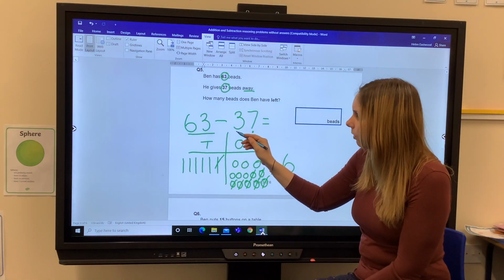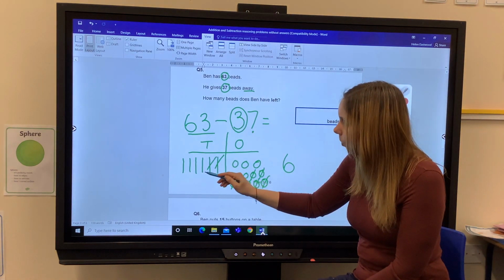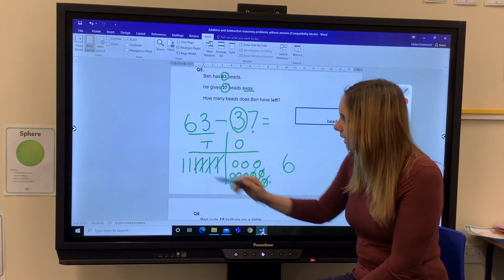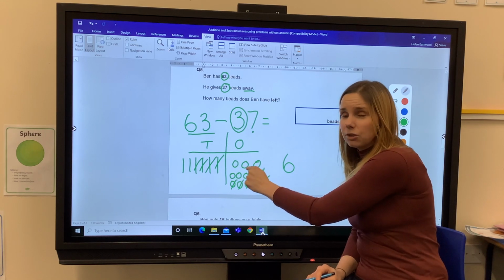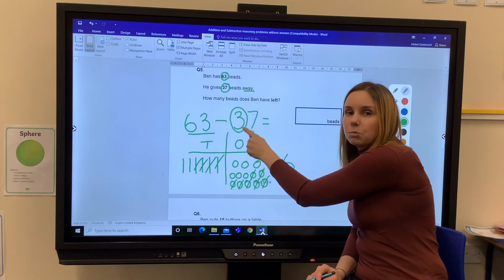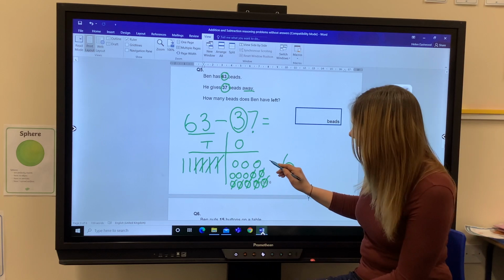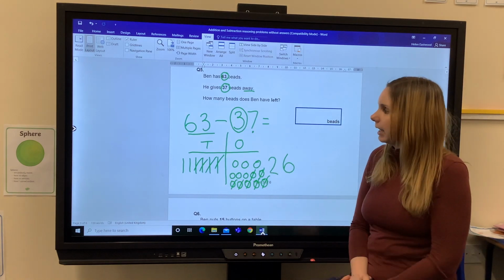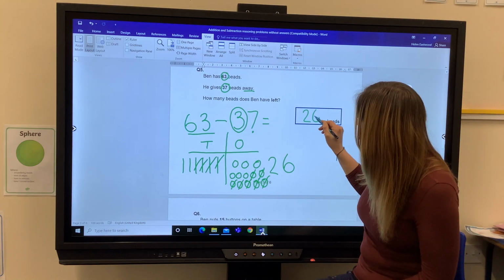This is where we also go wrong. Sometimes we forget to then subtract the 10s. Subtract 3 10s. 1, 2, 3. Don't confuse yourself with the one you've already subtracted. That sometimes catches us out. We have to break that into 10, then we have to subtract 3. 1, 2, 3, which leaves me with 2 10s and gives me an answer of 26. 26 beads.